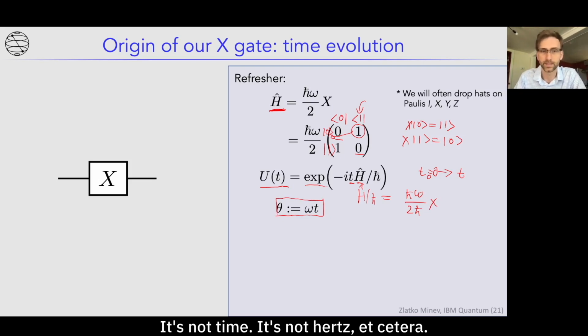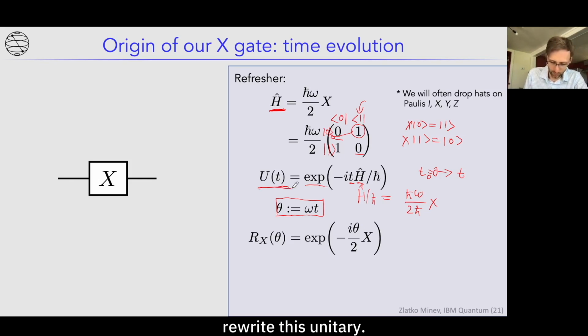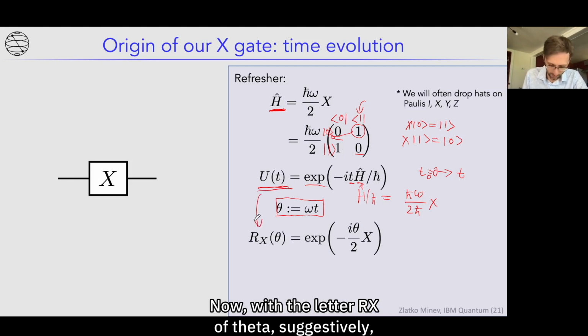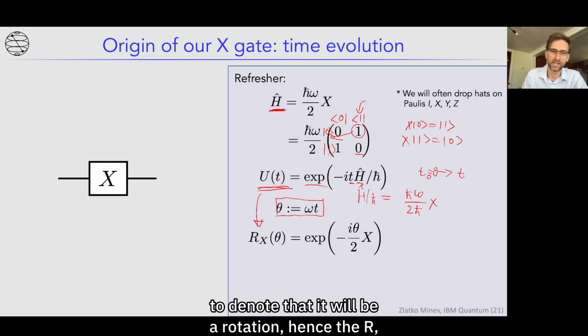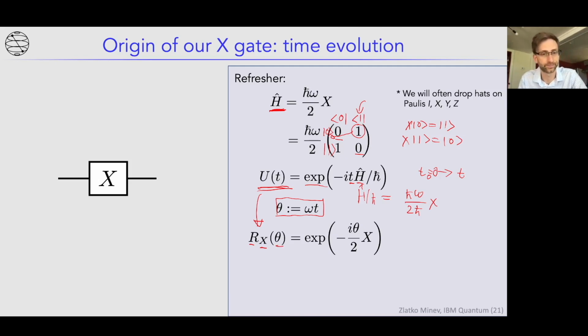It's not time, it's not hertz, etc. It's going to be an angular angle. We can define this angle theta. We can then rewrite this unitary now with the letter R sub x of theta, suggestively, to denote that it will be a rotation, hence the R, around the x-axis, as we'll see what that means in a second, of an angle theta.